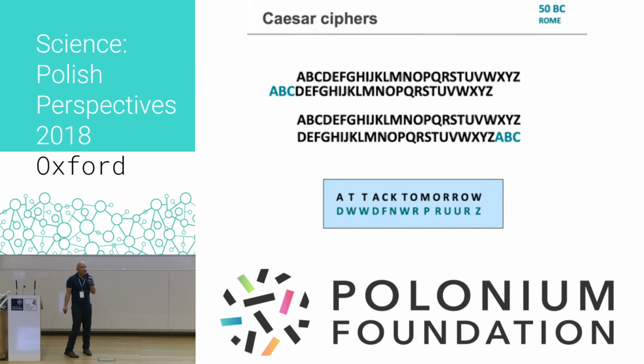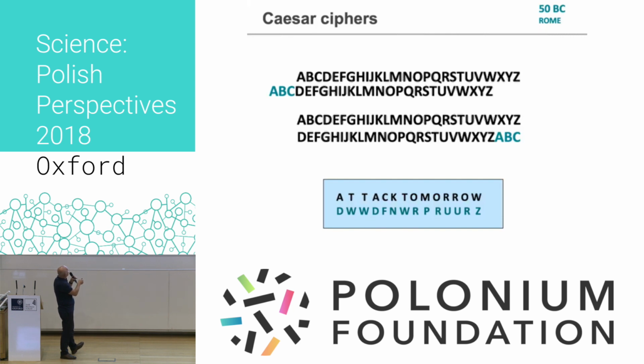Now, a little bit later, 50 BC in ancient Rome, Julius Caesar was using a substitution cipher to communicate with his commanders in the field. Again, the way he did it was actually quite simple. You take the Roman alphabet and you shift the alphabet by 3 characters to the left. You append them here, and then you have a substitution rule.